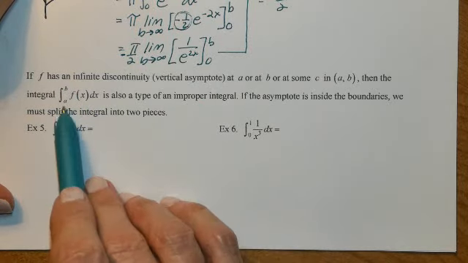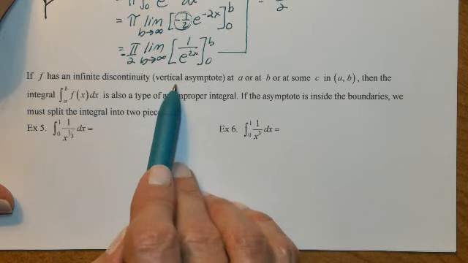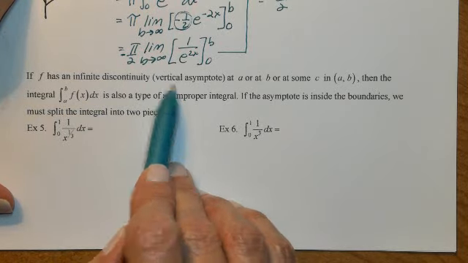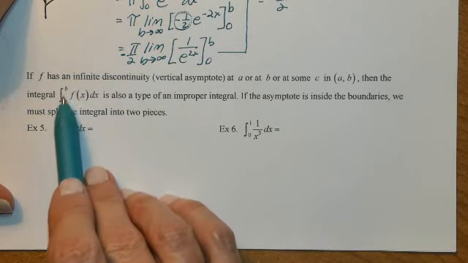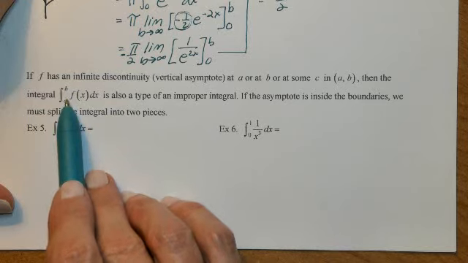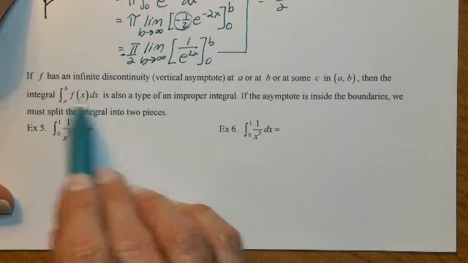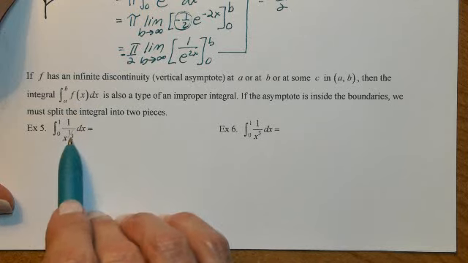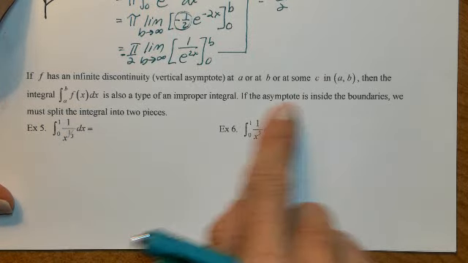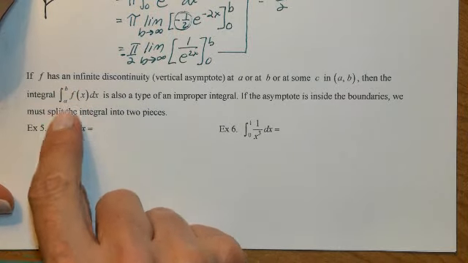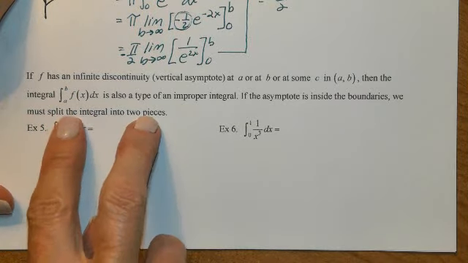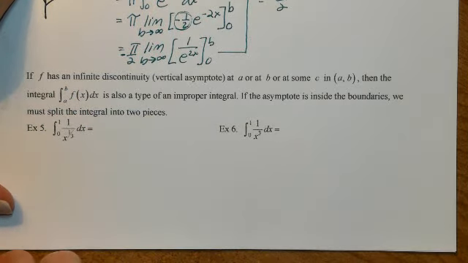So if one of your boundaries is an asymptote, or if there's an asymptote in between your boundaries, then that's another type of improper integral, okay? If the asymptote is inside, in between your boundaries, then you have to split up your integral into 2 pieces, all right? So let's take a look at this example 5.